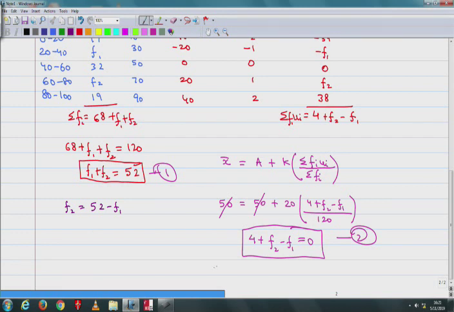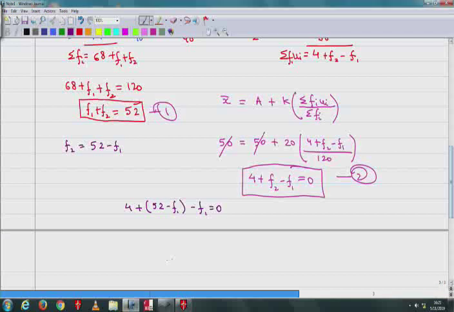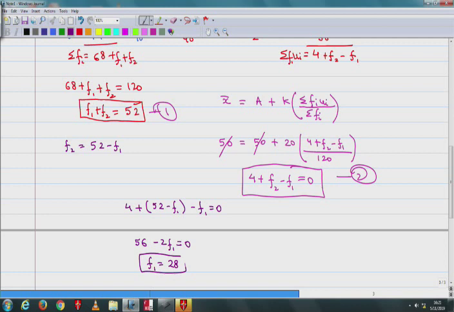So let's put it over there. 4 plus, in place of F2 I am substituting 52 minus F1, minus F1 is equal to 0. So it will be 4 plus 52, which is 56, minus 2 F1 equal to 0. So from here F1 is equal to 28.